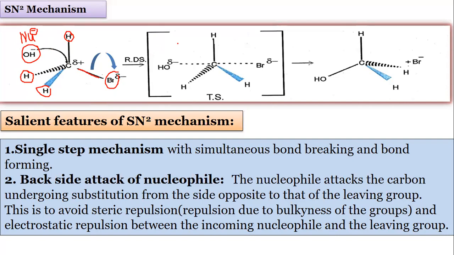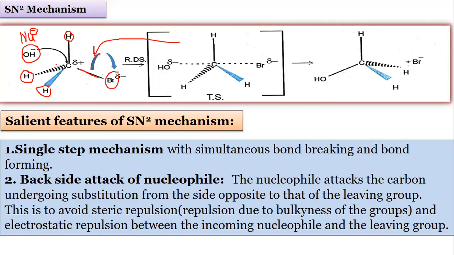Anyone can tell me why the nucleophile is not attacking from this side? If the OH minus attacks from this side, what will happen? The halogen is already there. This is negatively charged. The nucleophile is also negatively charged, so there will be repulsion.